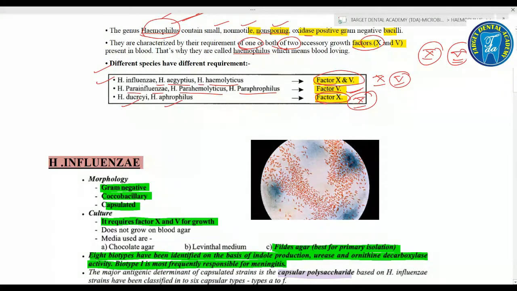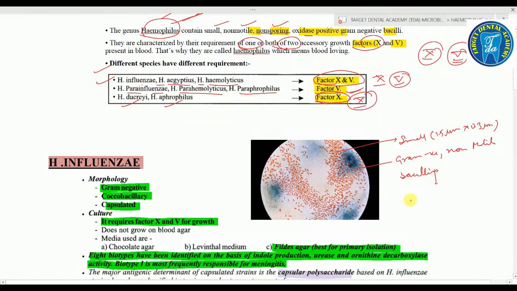Haemophilus, that is Haemophilus influenzae. These are small, with a size of 1.5 micrometer by 0.3 micrometer, gram-negative, non-motile bacilli, which show considerable polymorphism.